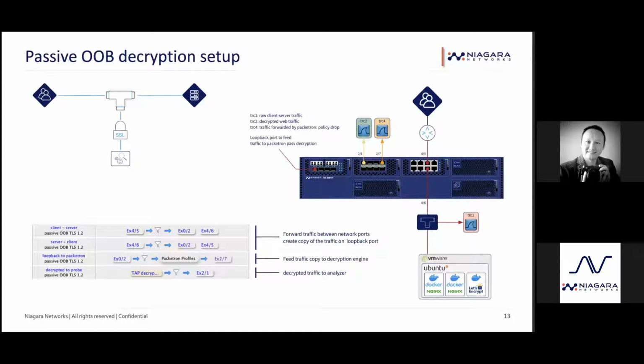On the left, you see a bypass module, an 8-port SFP module and an 8-port copper module. Clients are connected through a router to the packet broker on, as you see, port 45.